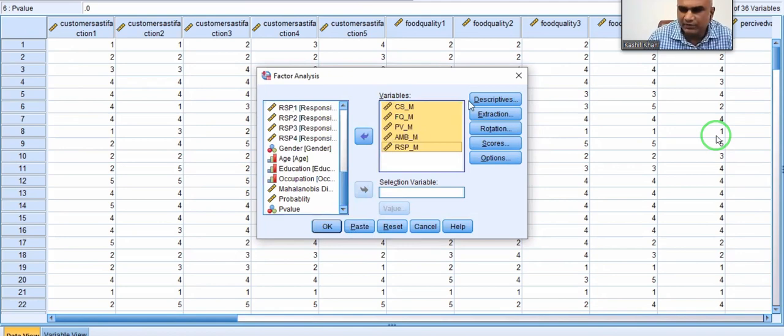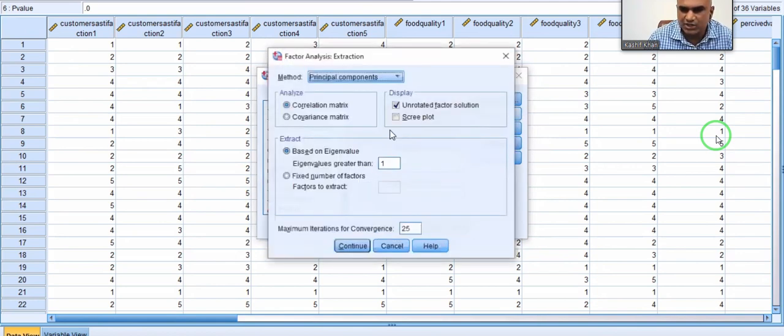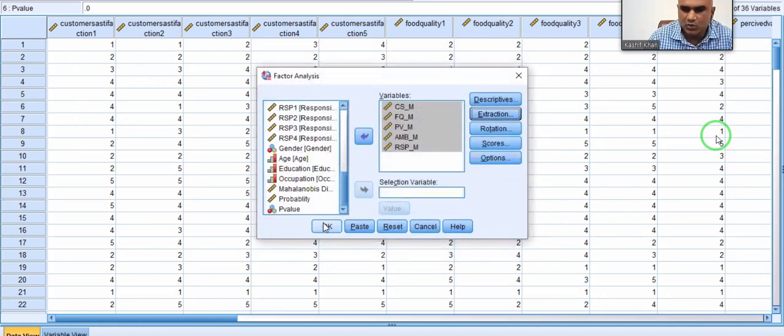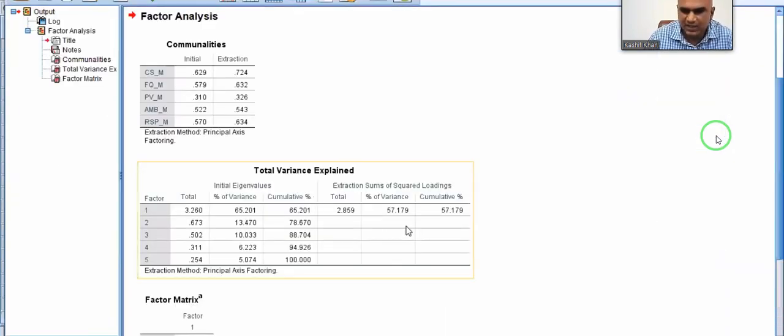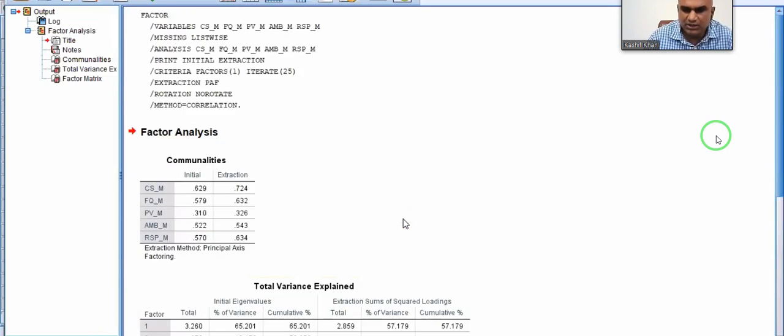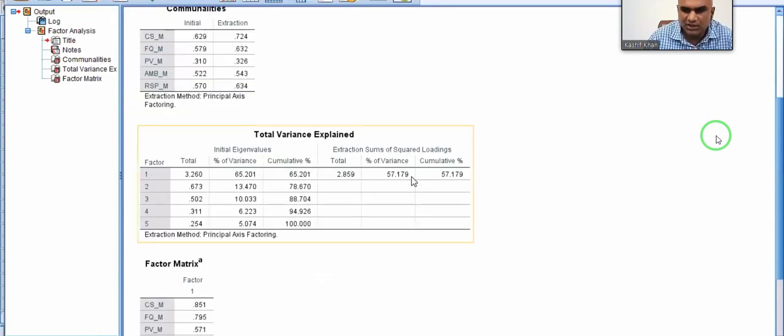Now look what happens. I do the same descriptive, leave as it is, extraction. I change it to principal axis, fixed one, rest as it is, and then okay. Look what happens. Now it's showing me that one of the factors within my data is showing as high a variance as 57%.